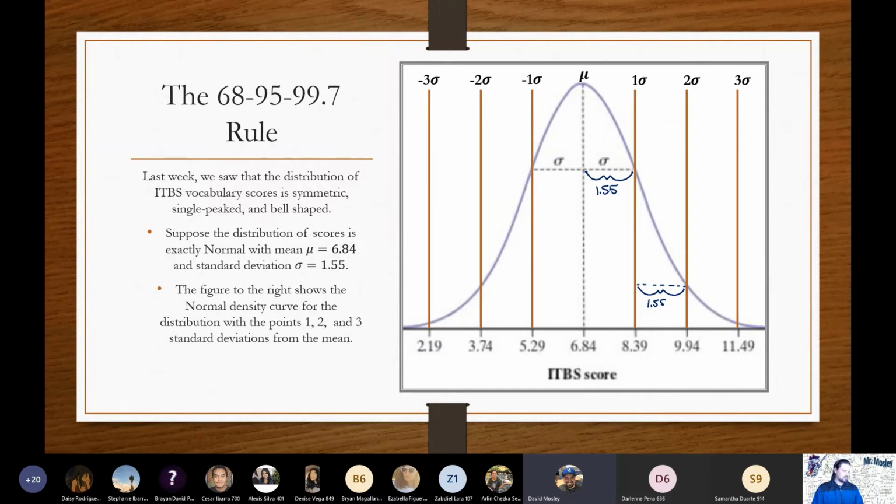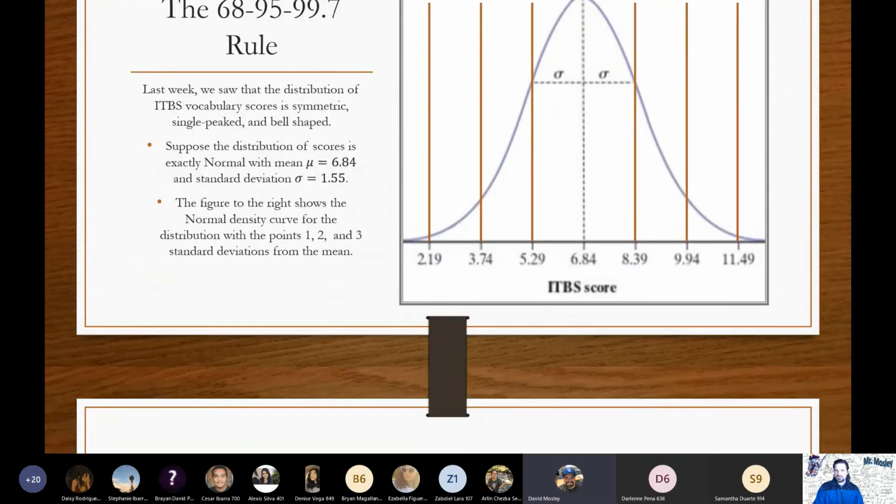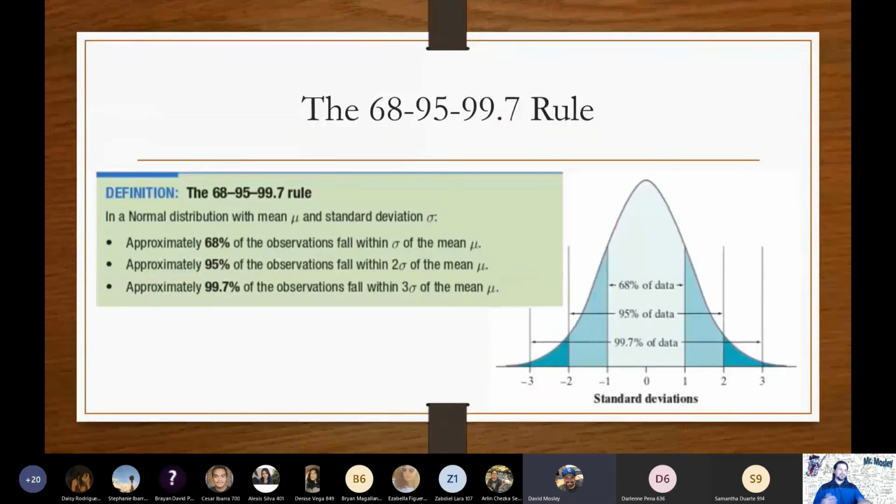First, we're going to define the 68, 95, 99.7 rule right here. This is our definition along with the picture. In a normal distribution with mean mu and standard deviation sigma, approximately 68% of the observations fall within sigma of the mean mu, 1 standard deviation of the mean.